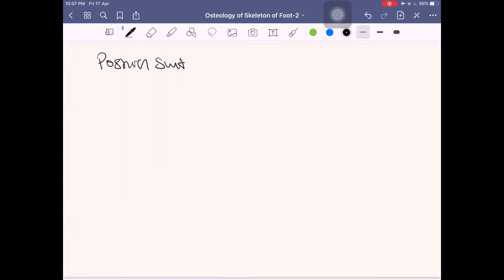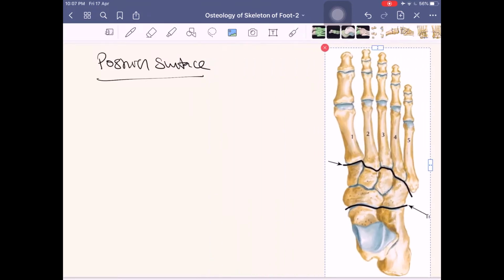Next, posterior surface. Sorry, posterior surface, also called proximal surface, and here it is deeply concave.